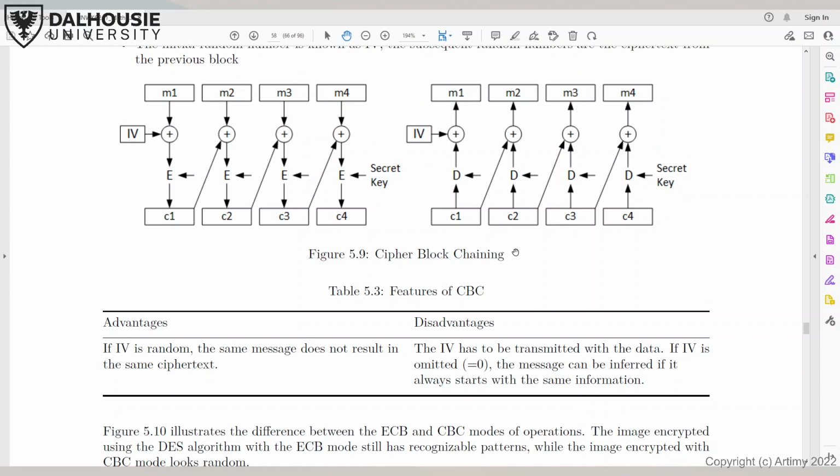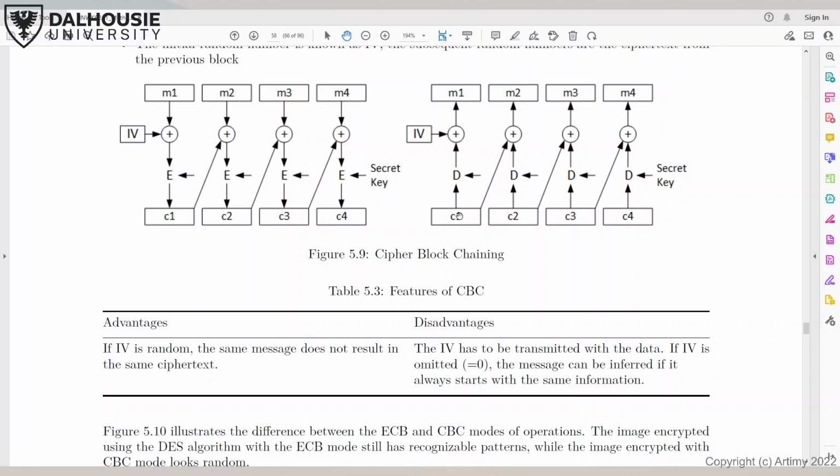Another disadvantage of this technique is that everything is daisy chained. So let's say I am sending the C1 over the channel, and the C1 gets corrupted due to noise, so that part of the message is never received correctly.